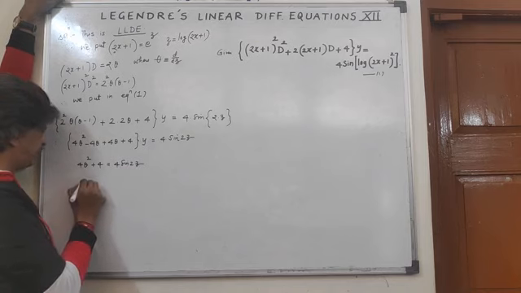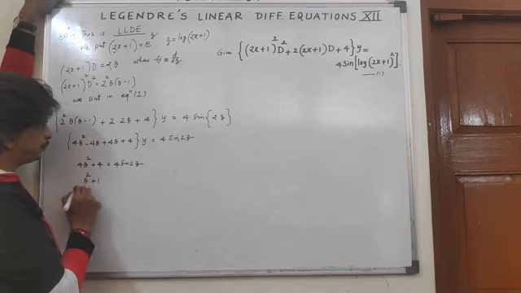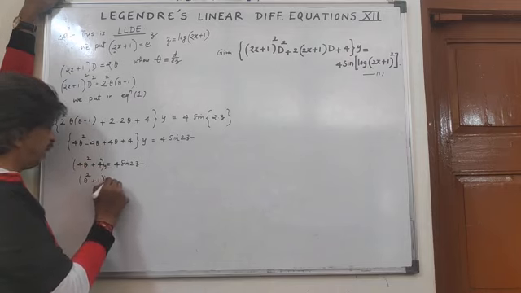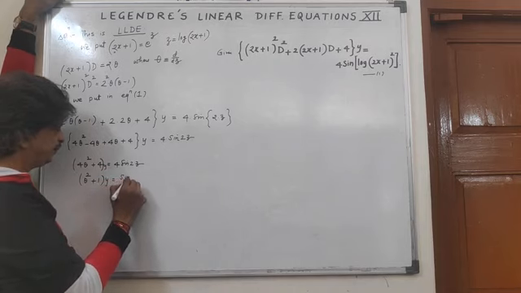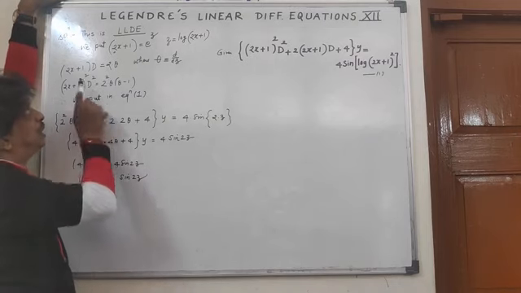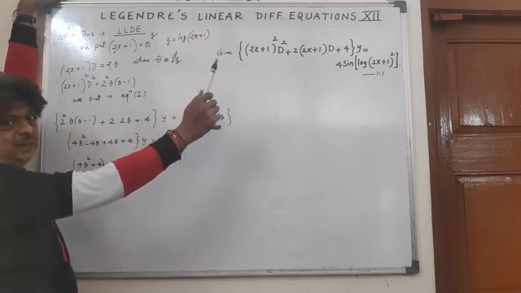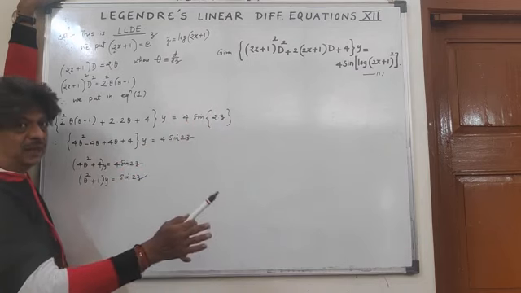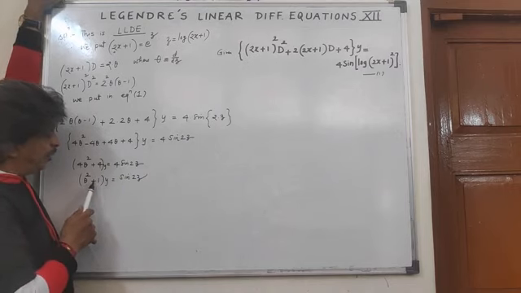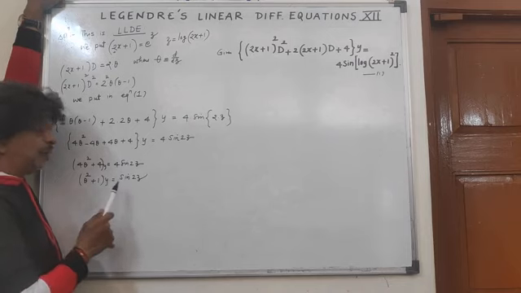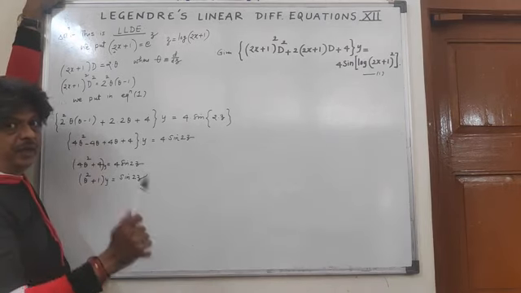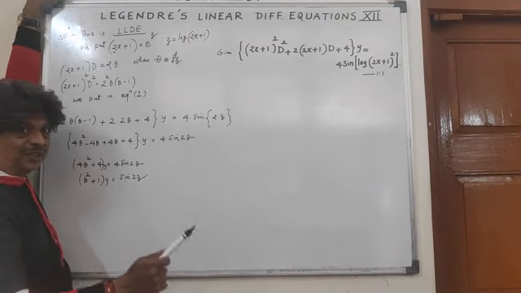Moreover, theta square plus 1 times y is equal to sine of 2z. See here, by virtue of this substitution, this Legendre's linear differential equation has now been reduced to this differential equation, theta square y plus y equal to sine of 2z. Obviously theta is d by dz. This is a linear differential equation with constant coefficients.